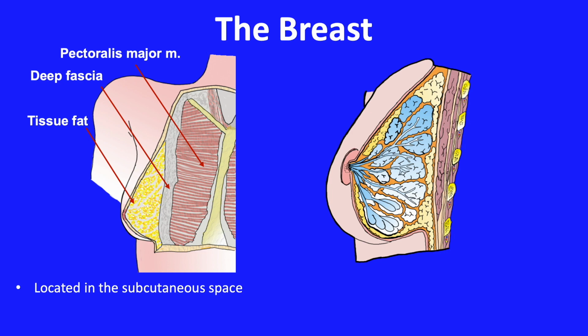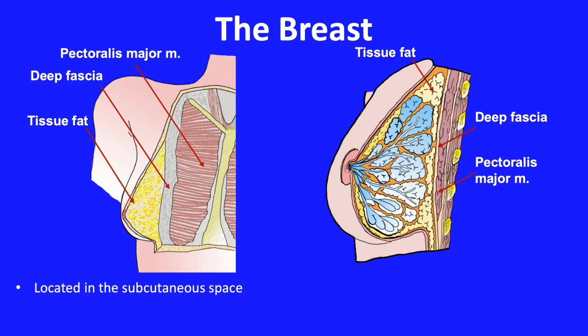In this image, the deep fascia was cut away to expose the underlying muscle. We now focus on the image on the right, drawn with more detail, and again observe the fat, deep fascia, and the pectoralis major muscle.